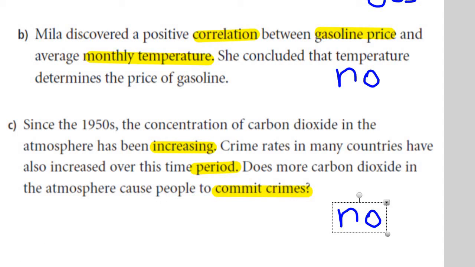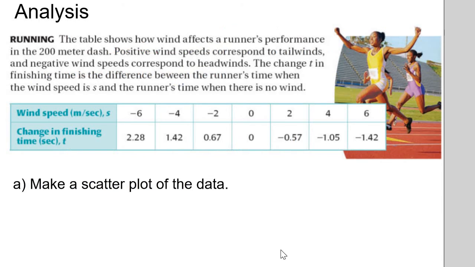Let's take a look at the next slide. Now we're going to perform an analysis on an X and Y scatter plot. The table shows how wind affects a runner's performance in the 100-meter dash. Positive wind speed corresponds to a tailwind, and a negative wind speed corresponds to a headwind. The change in finishing time is the difference between the runner's time when the wind speed is S and the runner's time when there is no wind.